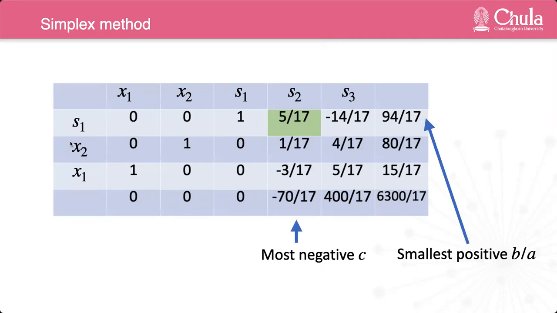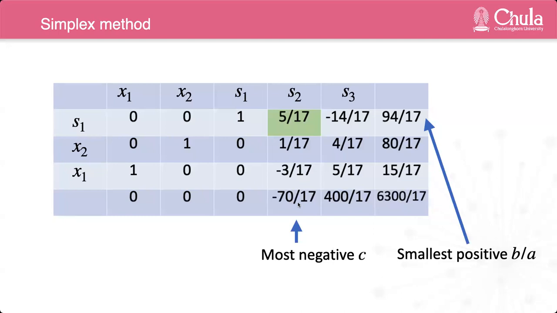Why? Because if we look at the coefficient here, we have S2, which is a negative coefficient. Okay? S2 is still negative at this point. What does it mean?